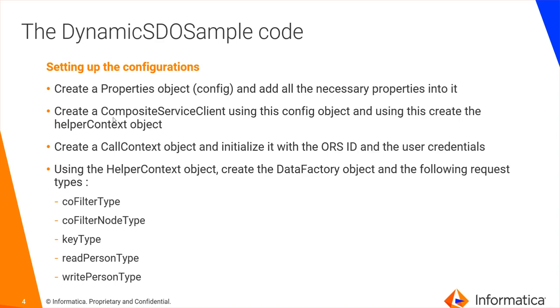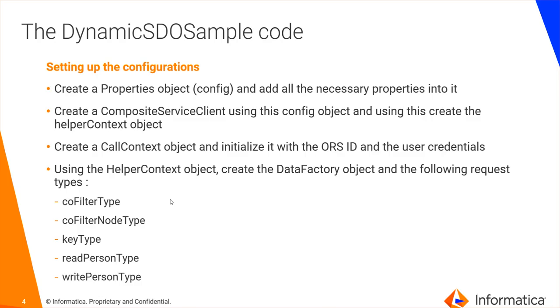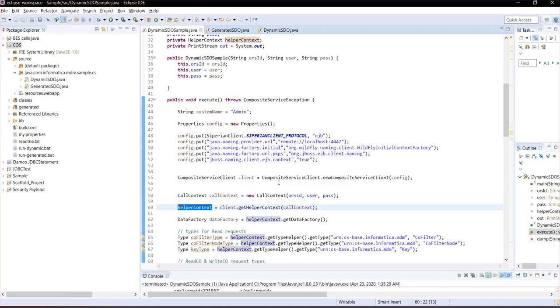Once done with that, I'm going to create a composite service client object using the config object, which is the properties, and using that I'm going to create the helper context object as well. So using the config, I'm going to be creating the composite service client, and using this client I'm going to be creating the helper context. Also, I'm going to be creating the call context object, which will have the ORS ID, username and password.